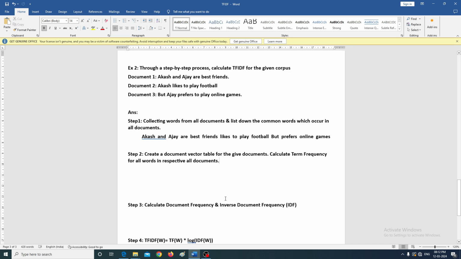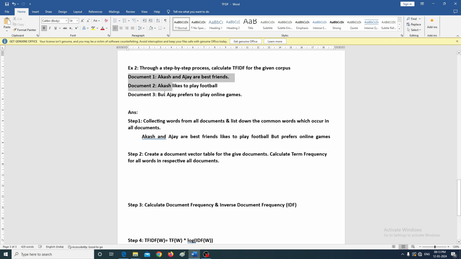In this step we have to create the document vector table for all the given documents, and calculate the term frequency for all the words with respect to all documents. First we are going to create the vector table for the documents. Before creating it, we have to know how many columns and how many records we require.